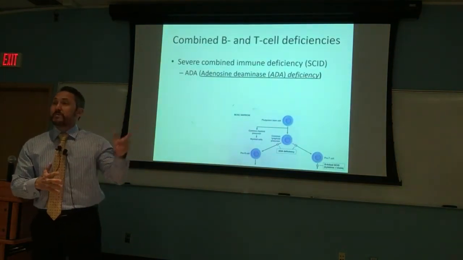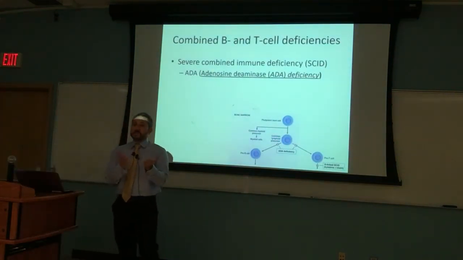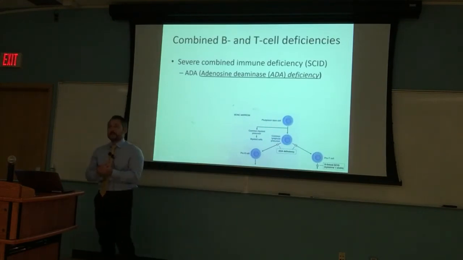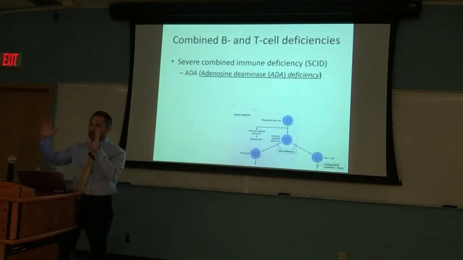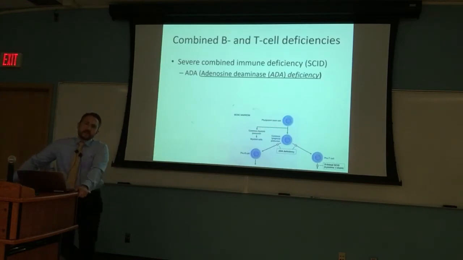But in the human population, these patients are very susceptible to regular infections. So in the 1970s, early 1980s, there was a patient, I mean, this is before most of you were around, but you might have heard about a patient by the name of David Vetter.